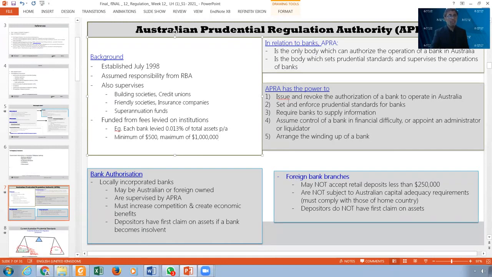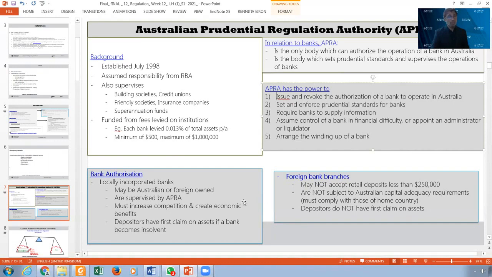In Australia, for example, APRA has so many powers. They license and they can withdraw the license. They will tell you what local banks can do and what foreign banks can do.